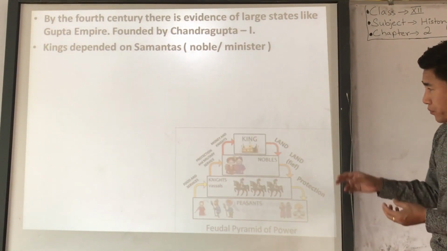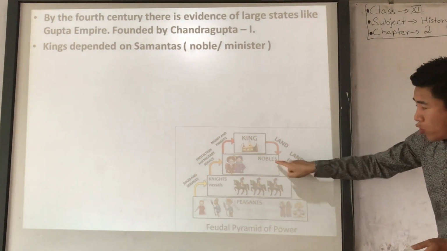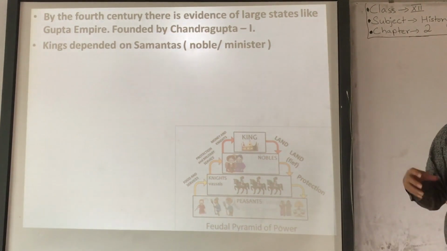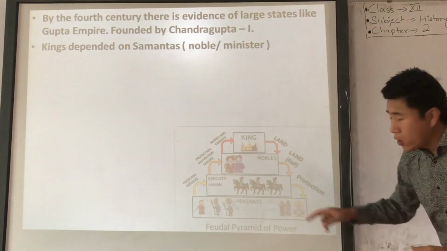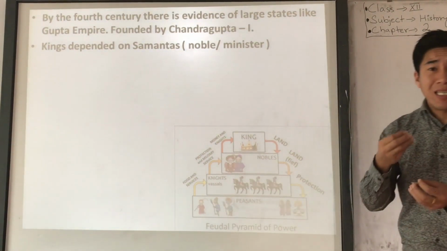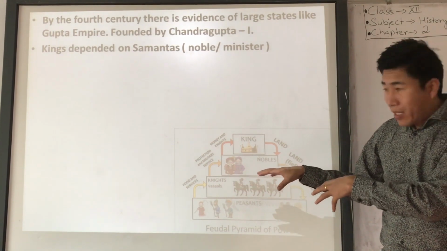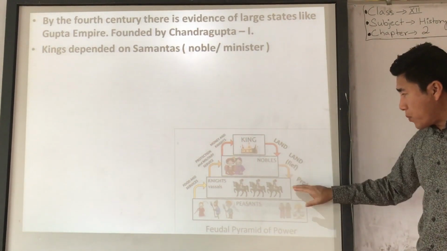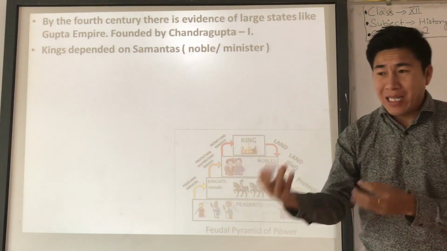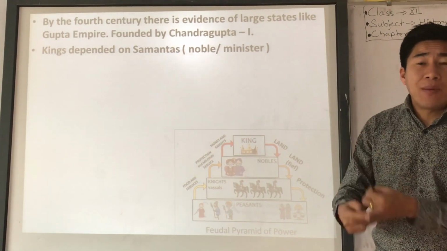This process works like that. Look over here. The king gave land to the nobles, the Samantas. Then the Samanta rented the land or asked peasants to cultivate it. The peasants provided taxes and goods to the noble, and the noble provided protection to the peasants. The noble provided tax plus an army to the king.